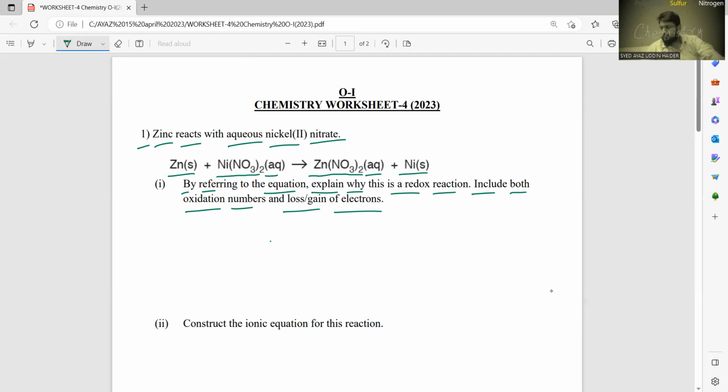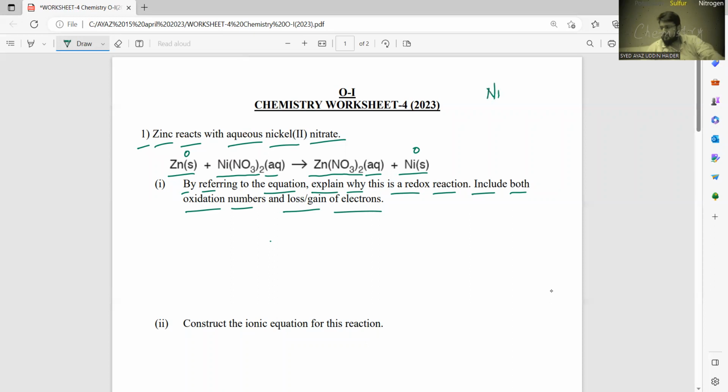So we know that if there's no sign on the element, we'll straight away write 0. So we have 0 on Zn, and on the product side, we have 0 on the Ni nickel. What about Ni(NO3)2 aqueous? If you want, you can work out the charge on Ni by doing this.